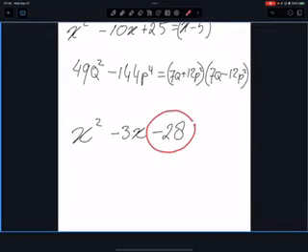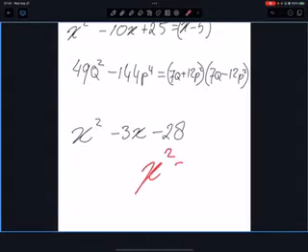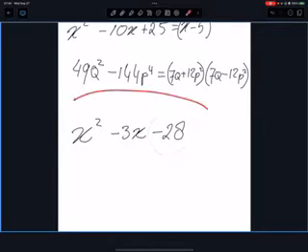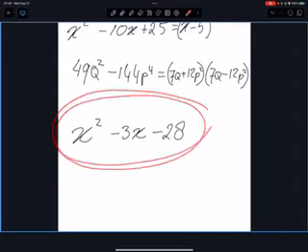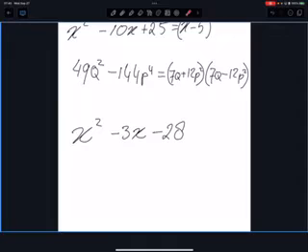Because the last number is negative 28, meaning I need two numbers that are exactly the same, and when I multiply them, they're negative 28. And you know that's not possible. There doesn't exist x squared equals minus a number. That does not exist. So you know in advance that this quadratic equation is not a special product.